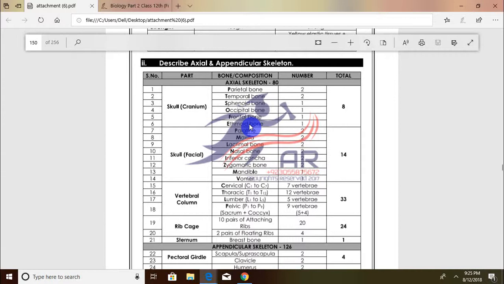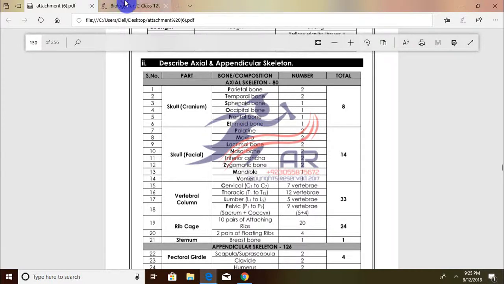So if we talk about the unpaired, we have the occipital, we have the sphenoid, we have the ethmoid, and we have the frontal. And it would be a good idea to make use of mnemonics to learn this stuff. And as for the ones that are paired, we have the temporal and we have the parietal.